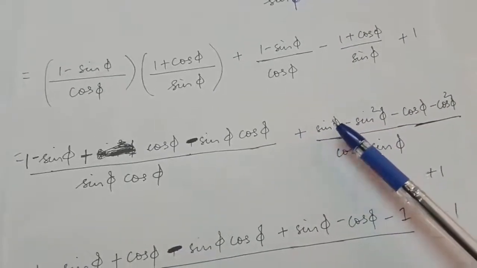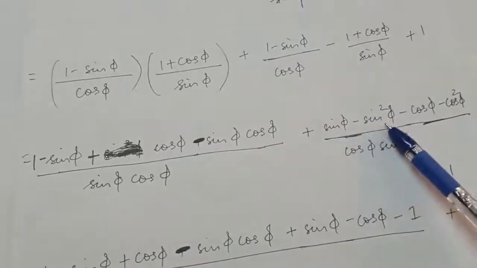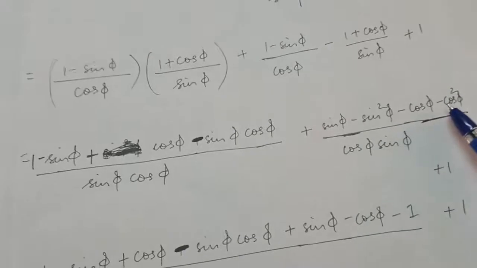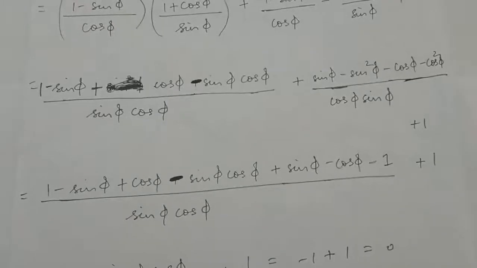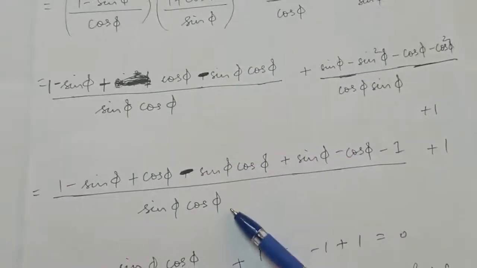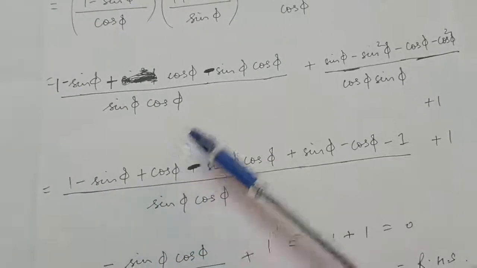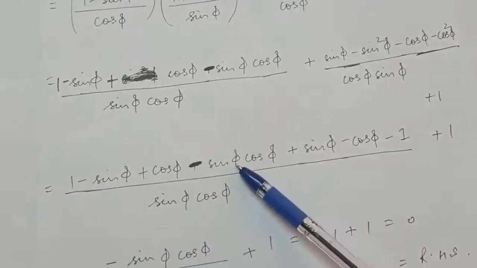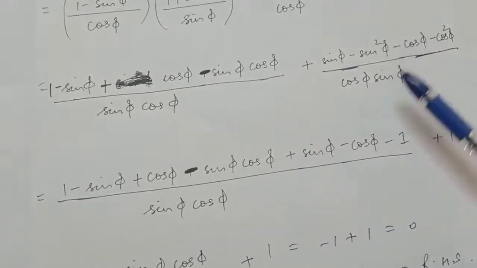So you will get the numerator as sin phi minus sin square phi minus cos square phi plus 1. Now take the LCM of these two terms, so it will be sin phi into cos phi, and numerator will be 1 minus sin phi plus cos phi minus sin phi into cos phi plus sin phi minus cos phi.